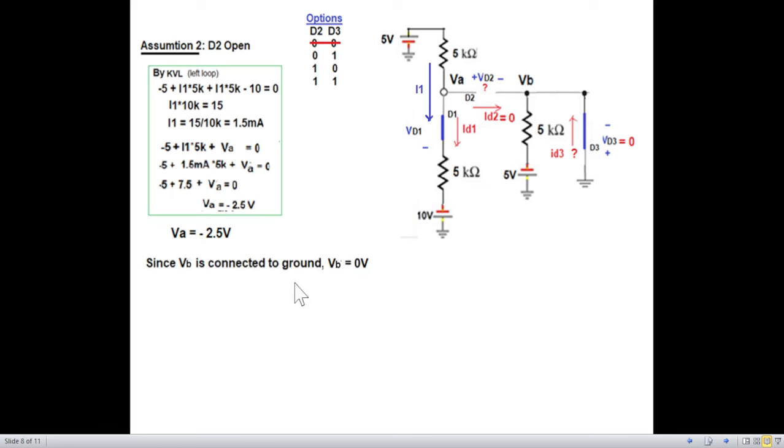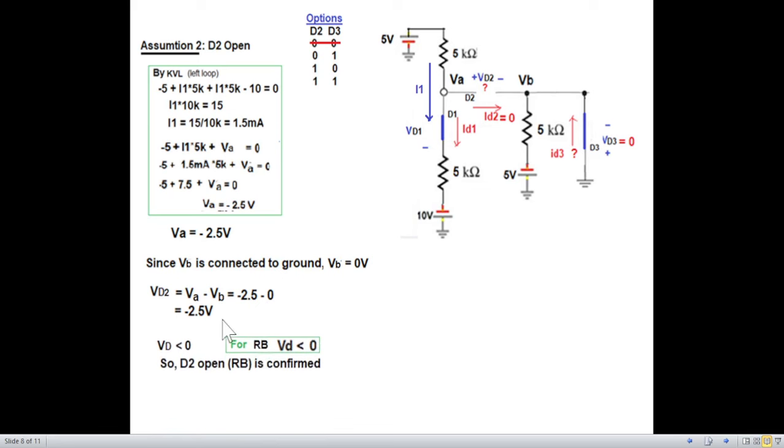What about VB? Now VB is connected to ground through this, and therefore VB is equal to 0 volt. Don't have to calculate current. From here we can write that VD2, this new VD2, is VA minus VB, minus 2.5 minus 0, which is minus 2.5.